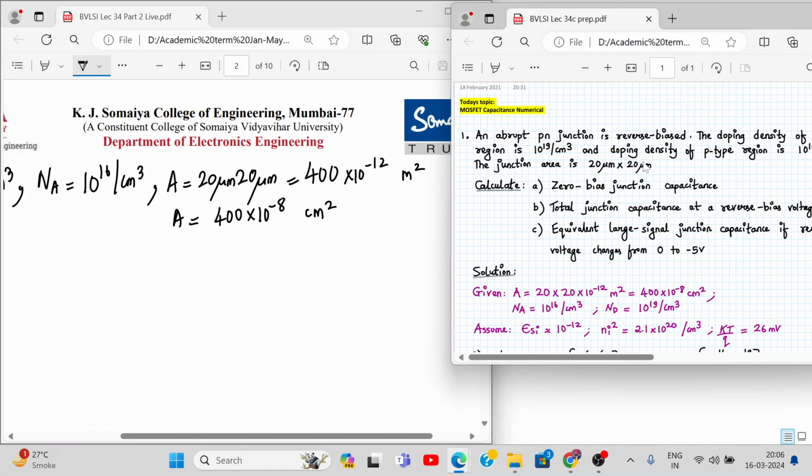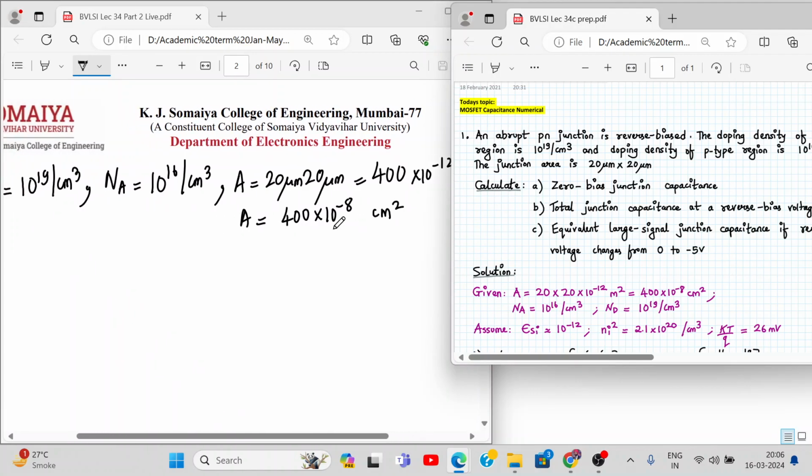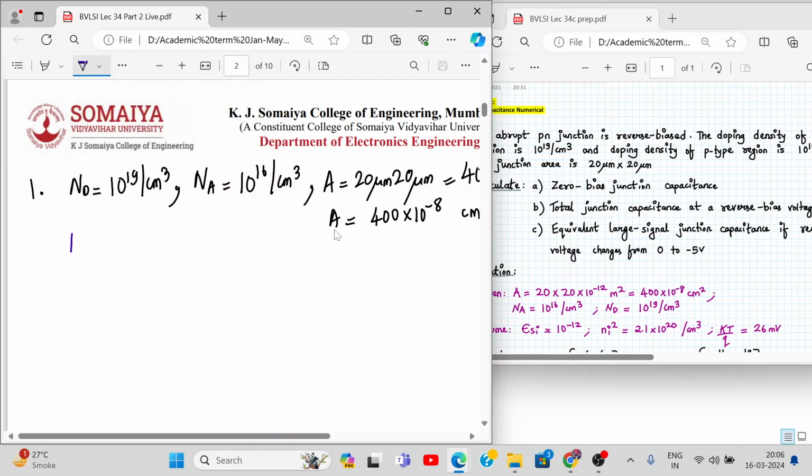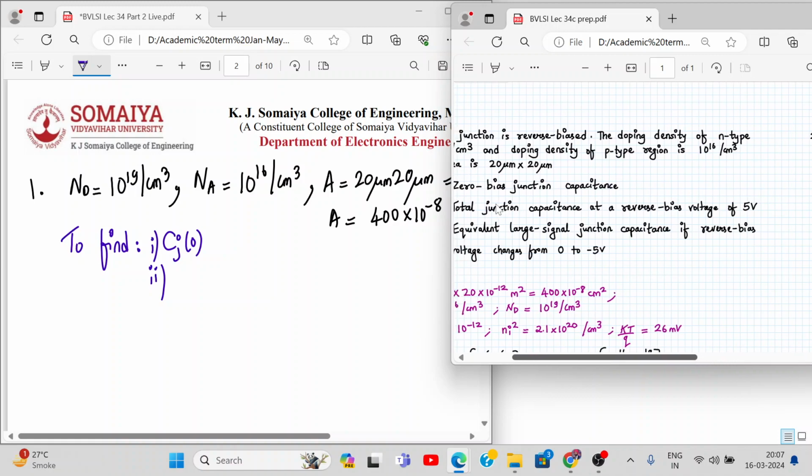Alright, so what all things we have to find out? We have to find out the following. So let me write what we need to find out. To find the zero bias junction capacitance, so we have to find over here Cj0. Okay, first we have to find Cj0, then total junction capacitance at reverse voltage of 5 volt.